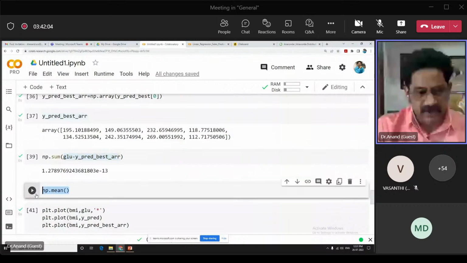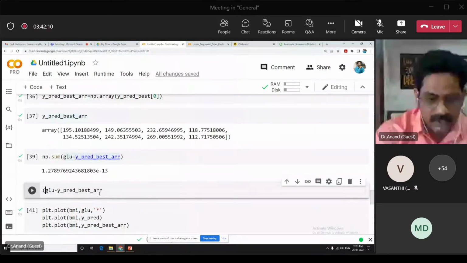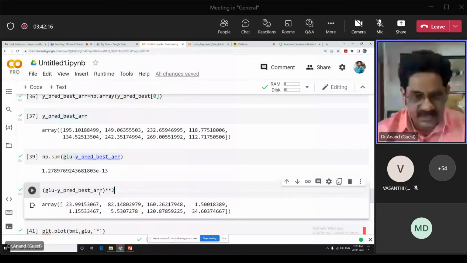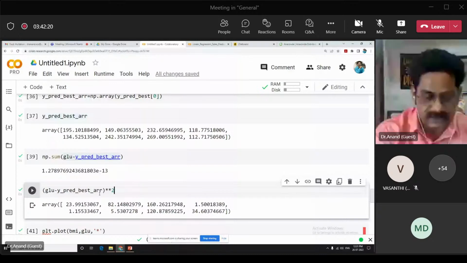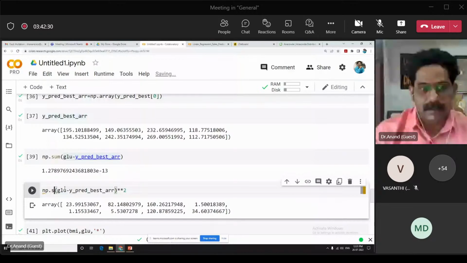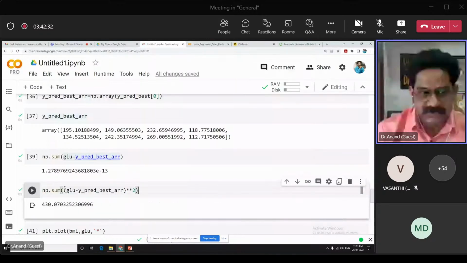Let me show you step by step. So this is nothing but y minus y cap, isn't it? This y minus y cap, I square these values. Once I square this value, these are the squares of the residues. Now next step, the sum of the squares of the residues. If you wanted to know the sum of the squares of the residues, np dot sum of them. This is the sum of the squares of the residues.